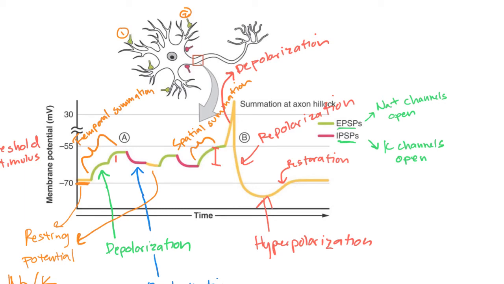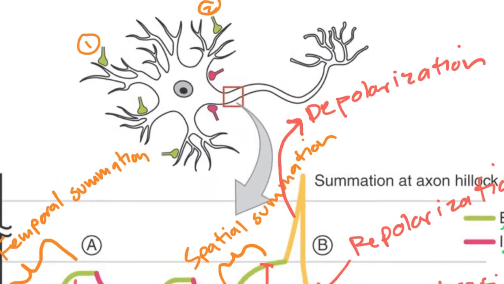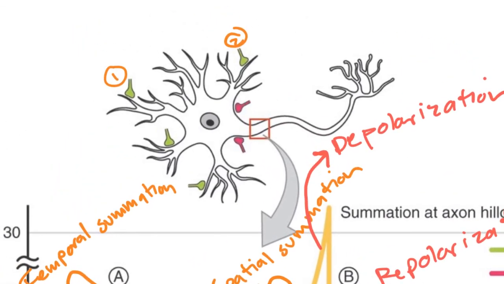I thought spatial summation made it kind of state neutral, state static. Oh, that would only be if an IPSP and an EPSP fired at the same time. Right? So if 2 EPSPs fired at the same time in different locations, they would add on to each other.